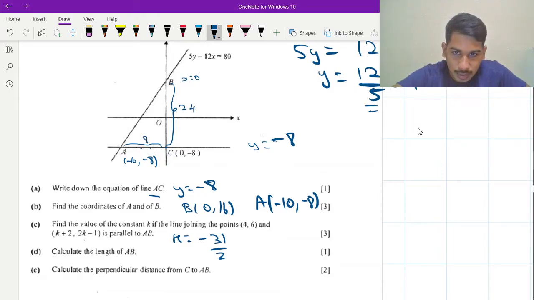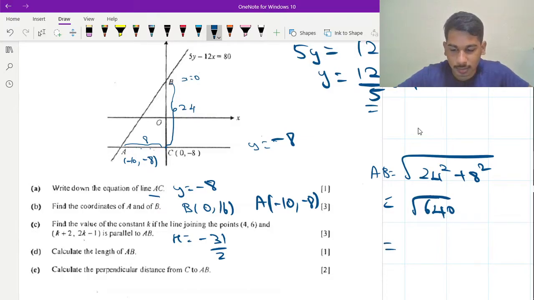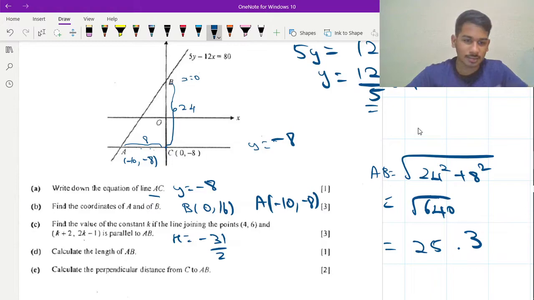So AB's length is just going to be the square root of 24 squared plus 8 squared. It's a nice number? No, it's not. It's the square root of 640, and it doesn't get to a nice number. Why? I don't know. You get 25.3.